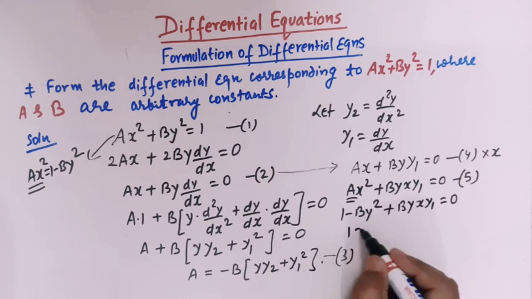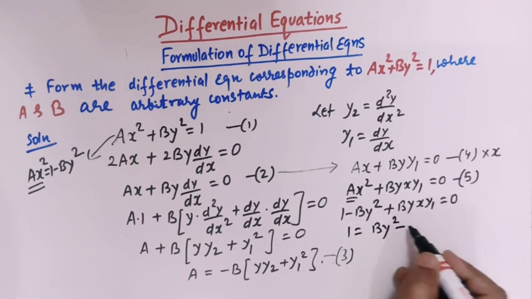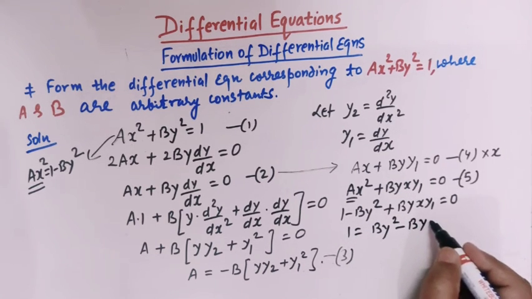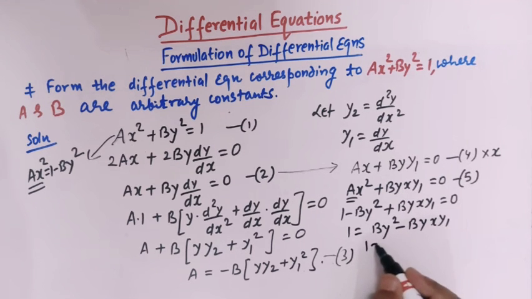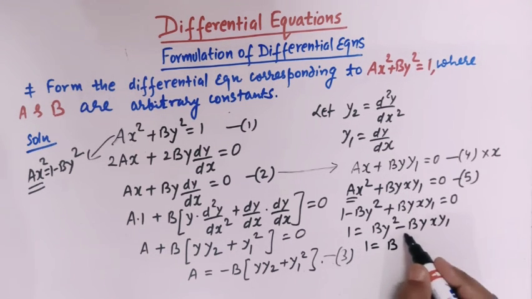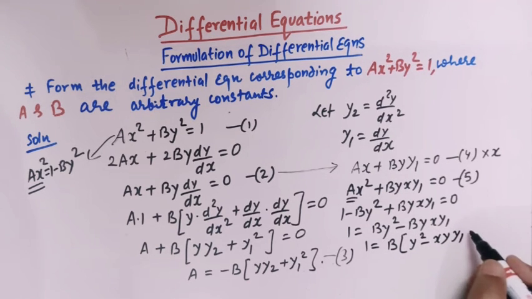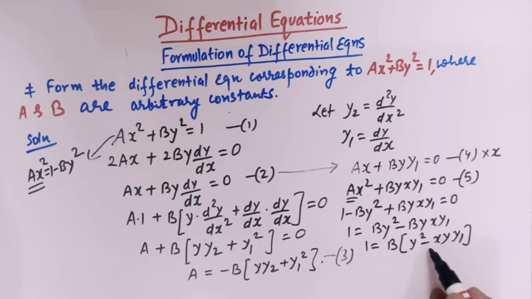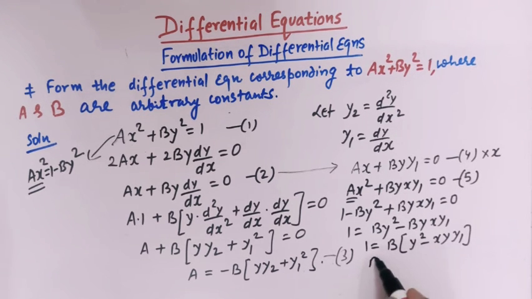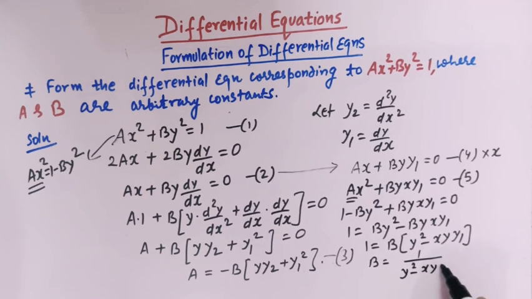So this equation can now be written as by² - b x y y1, or taking b as common, we have 1 = b(y² - x y y1), right? So the value of b is 1/(y² - x y y1), right?